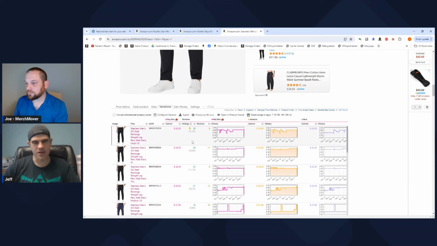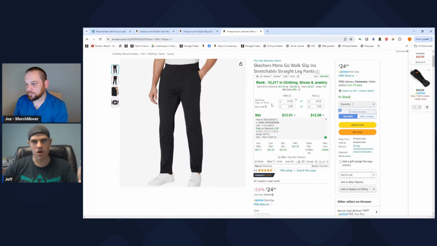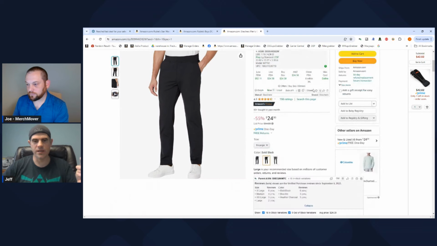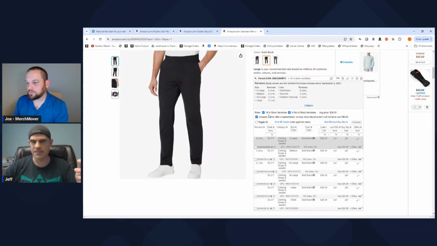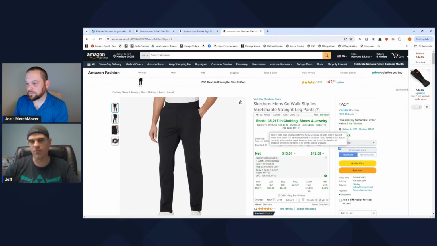So that tells me that the bold black is definitely driving the sales that are happening on this variation. It has an average rank of 50,000, which is a pretty decent ranking for clothing. And there's only 18 in stock variations. So this is definitely moving. And especially if you look at the average price, it's moving at the $50 range. So to me, this is sort of a slam dunk purchase.